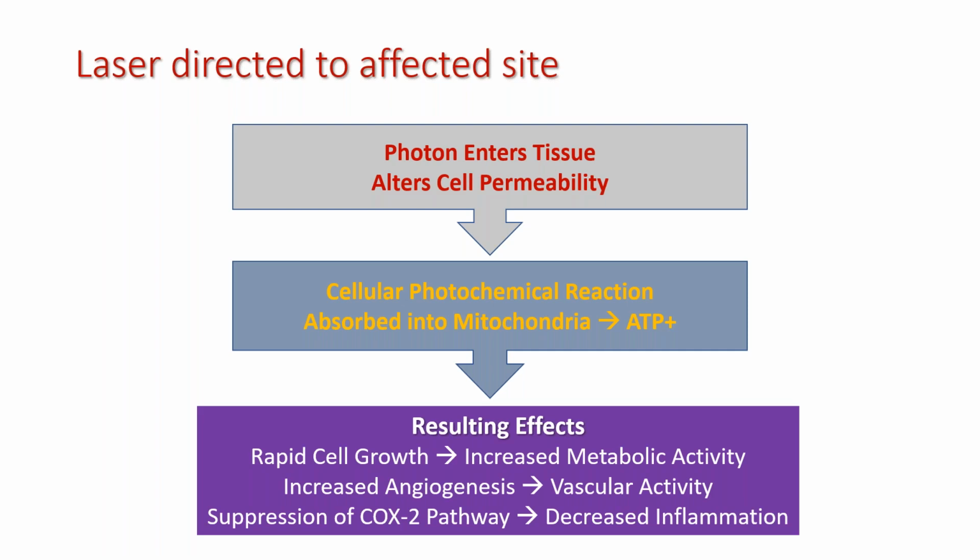Once it enters the cell, there's a cellular photochemical reaction. It's absorbed into the mitochondria, which we've always called the powerhouse of the cell because it makes efficient ATP. Now, the efficient ATP is critical because when you go through the citric acid cycle, you make ATP, but effectively, you don't release that many free radicals. So the real question is, what sites are going to be more positively affected by mitochondrial activity?